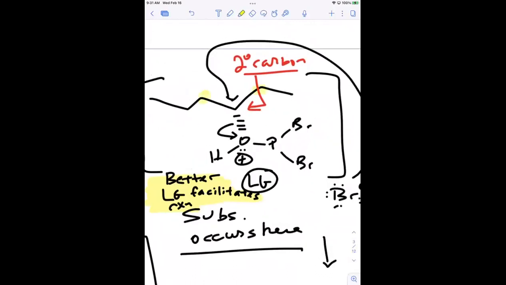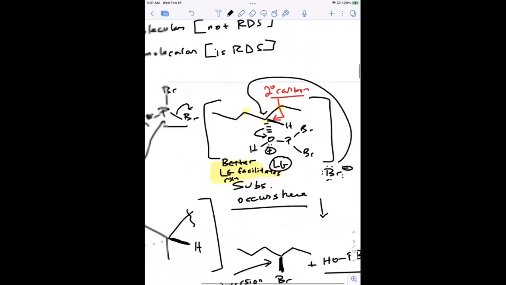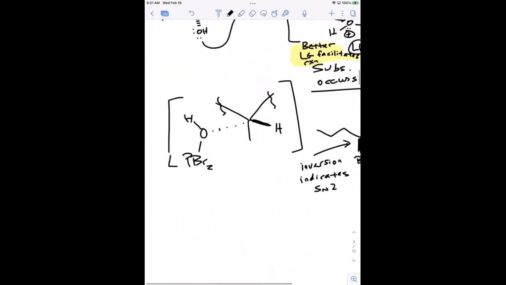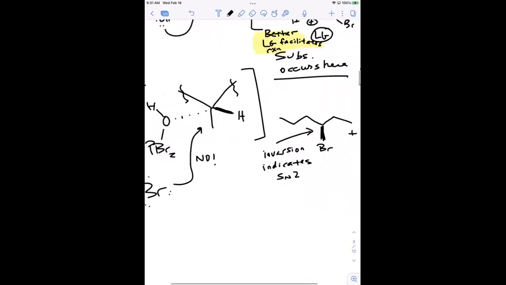So here, here, here, and of course there's a hydrogen pointed forward that I don't have shown. All right. So what happens if the hydroxyl group is here, the bromine is not coming from that same side. So it's not going to come from here. What's going to happen is the bromine is going to attack from here.